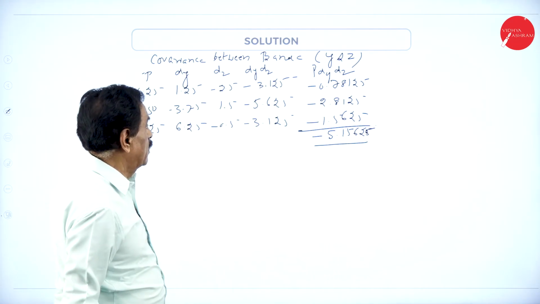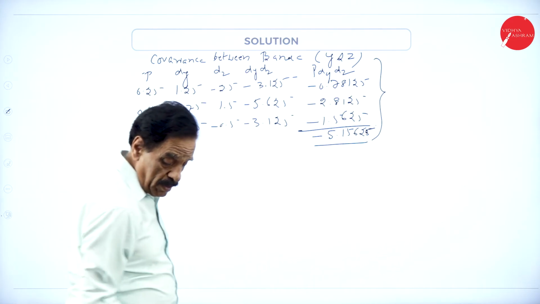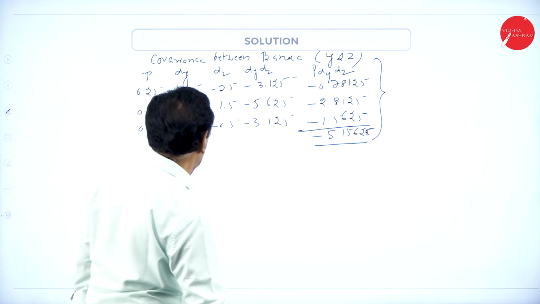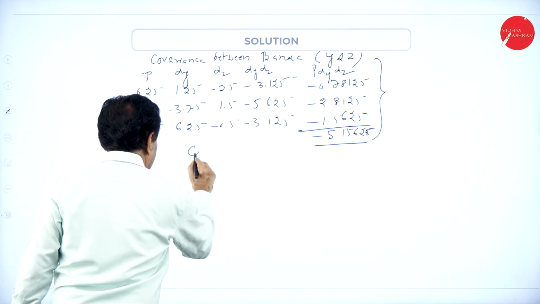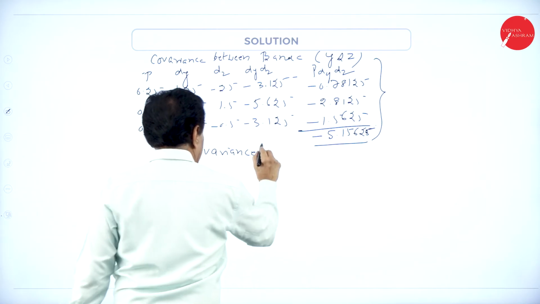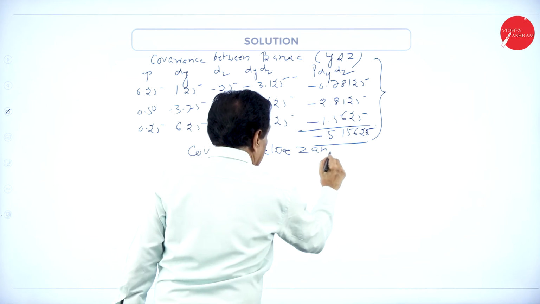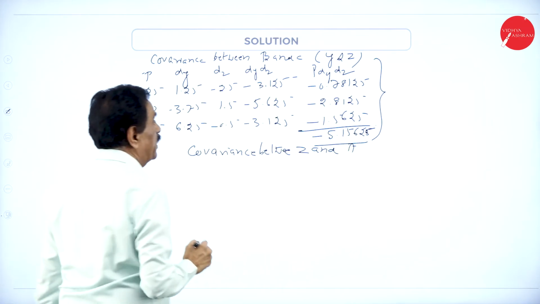Covariance of y and z. So x and y over, y and z. Then covariance between z and x.